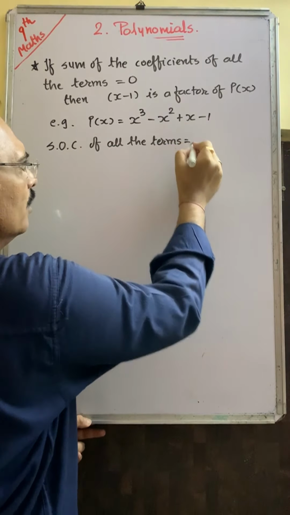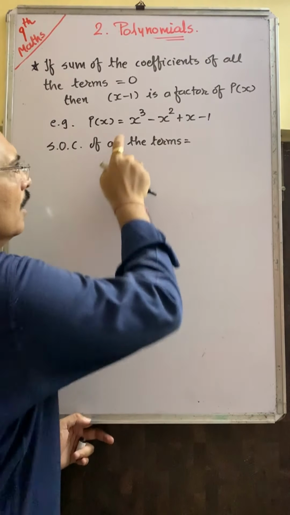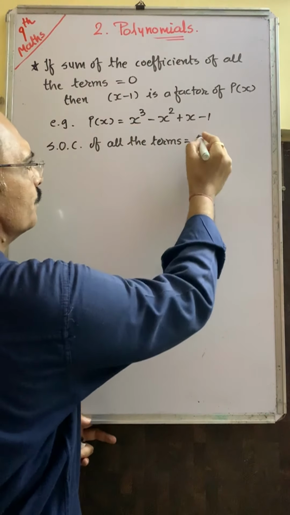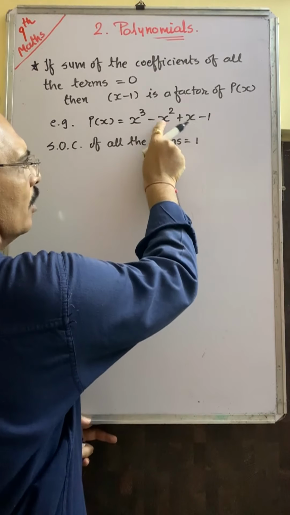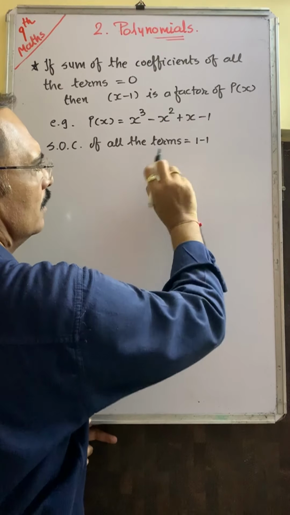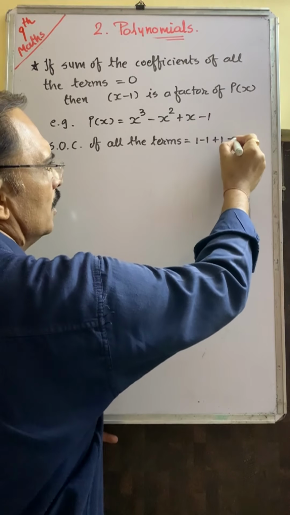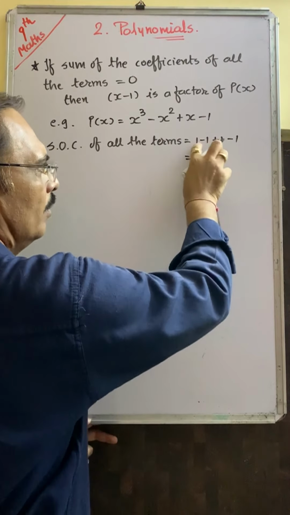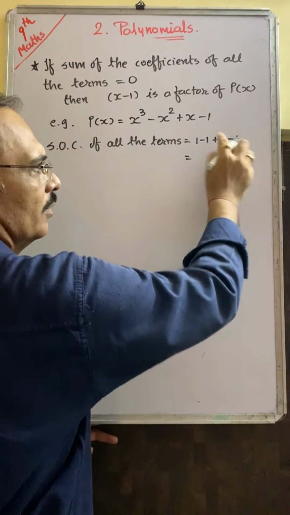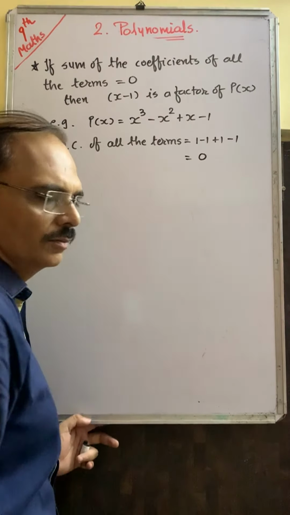For each and every term, find out coefficient. Coefficient of x cube is 1. Coefficient of x square is minus 1. Coefficient of x is plus 1. And the constant term is minus 1. Now add it. 1 minus 1 is 0, plus 1 minus 1 is 0, means total is 0.